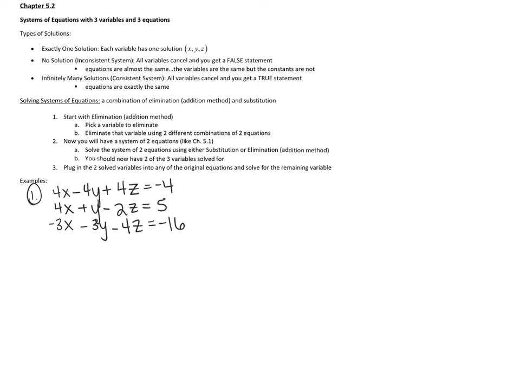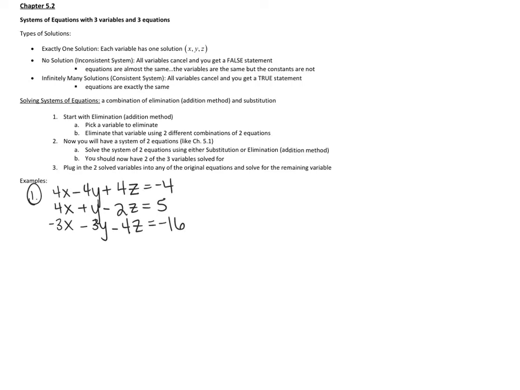So let's look at this first example. We want to start off with the elimination method. Remember, with our elimination method, we want to pick a variable to eliminate. So I want to look at all three of the equations and determine how they might cancel off, okay?